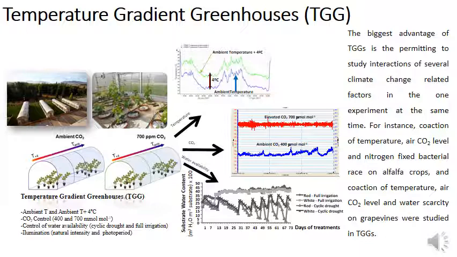Two of these greenhouses have high carbon dioxide concentration, while the other 2 have ambient carbon dioxide concentrations. Also inside the greenhouses, water availability can be controlled, as you can see in the pictures, with water sensors.